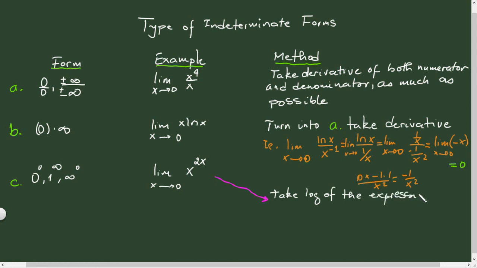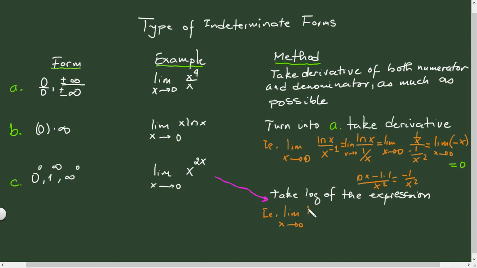So if you take the log here, this is what it's going to give us. We're going to have the limit when x tends to 0 of the log of x to the power of 2x.